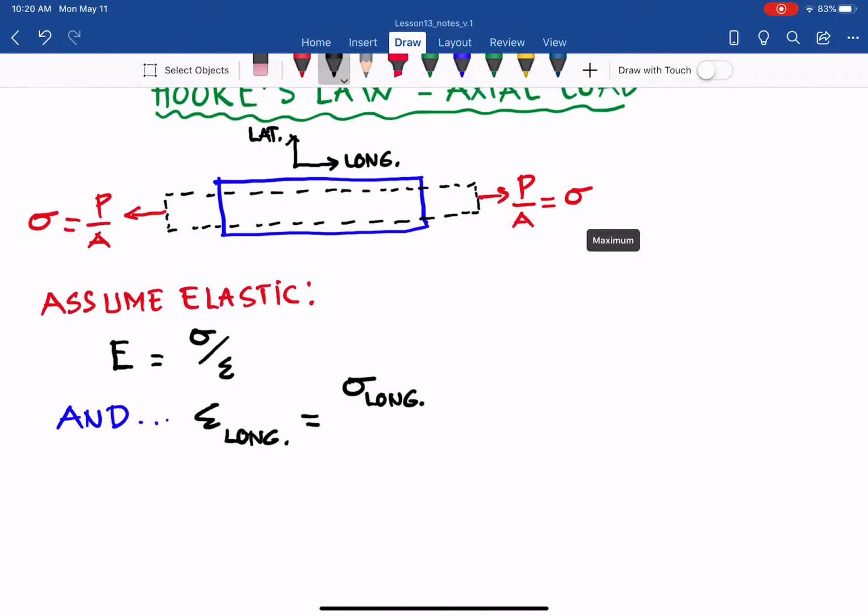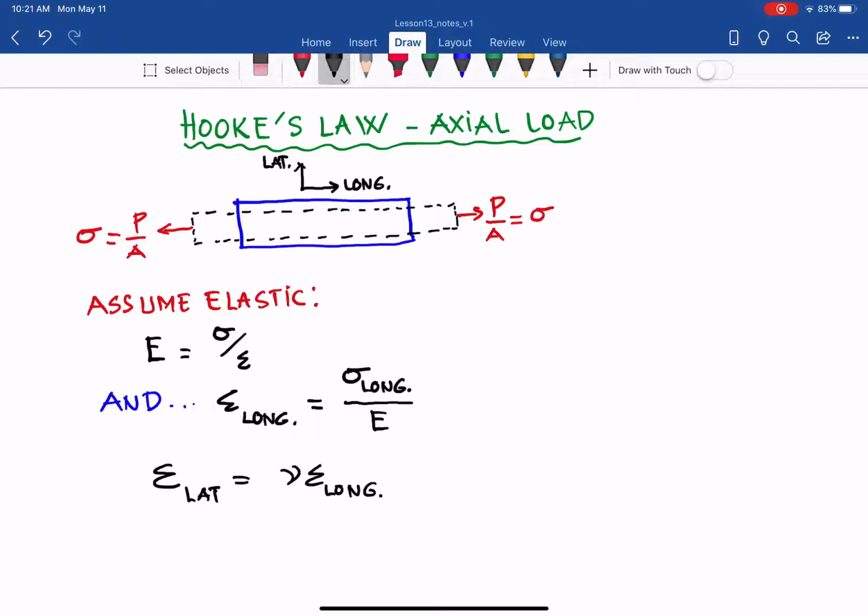So the normal strain in the lateral axis equals negative nu, the Poisson ratio, times epsilon longitudinal. As I mentioned, if the longitudinal axis increases, the lateral, which can be the width or thickness, is reduced, so that's why there is a negative in front.